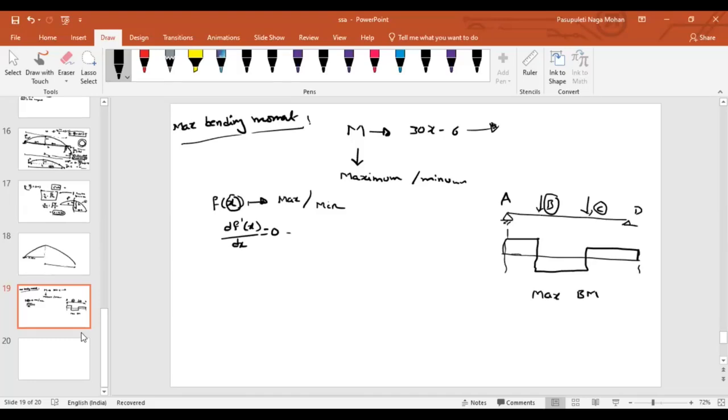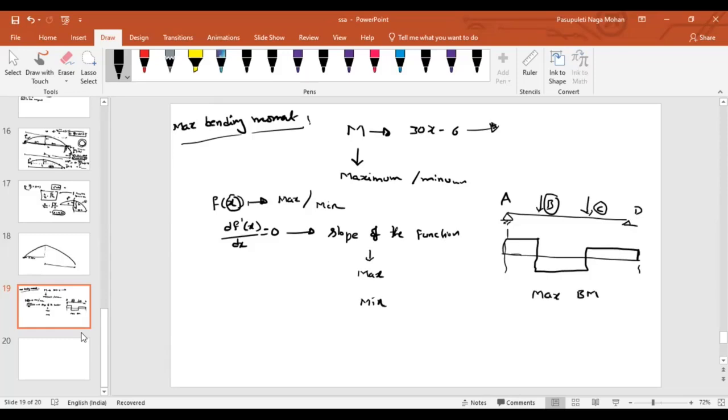That means we are applying the slope of that function. This function can be bending moment, deflection, shear force, anything. So wherever there is a maximum, the slope is equal to 0. At that point, we will have the maximum value or minimum value.